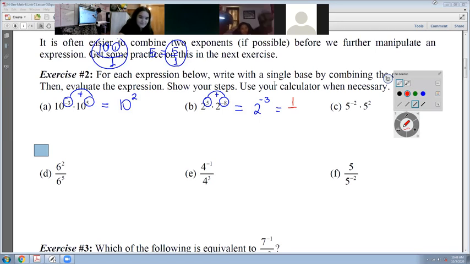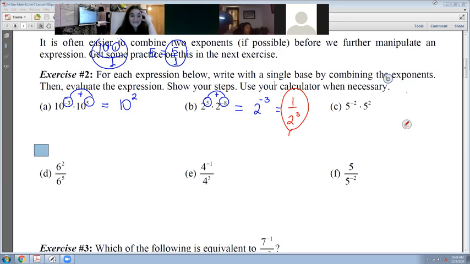Yes, flip it, right? Total power of 3, 1 over, right? Because if it is at the top, you send it to the bottom. So when you send it to the bottom, it will be 1 over to the power of 3. Don't forget this keyword. If you have negative exponents, you have to flip it. All right? Upside down.